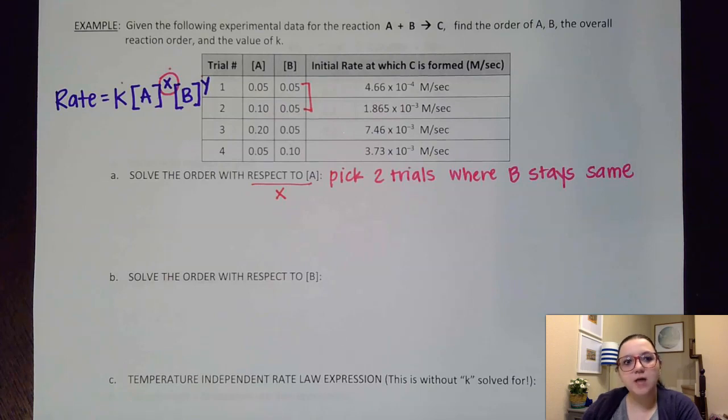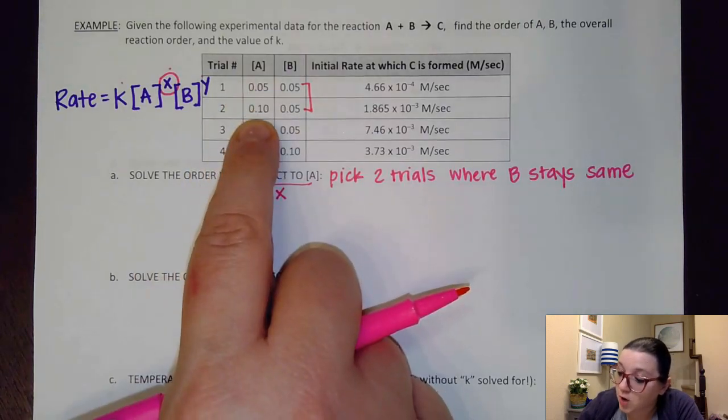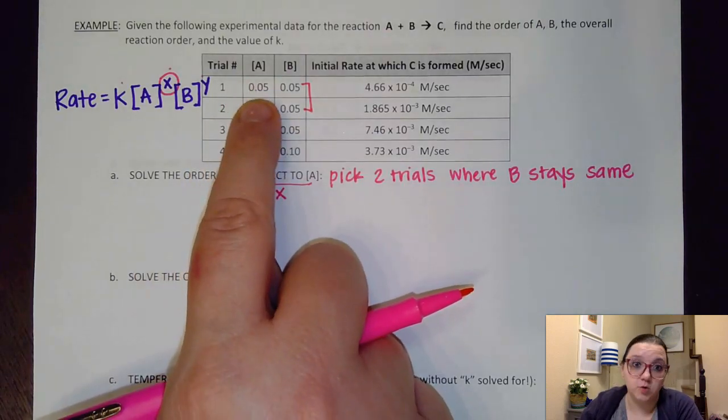And what I'm going to do is set a ratio of 1 trial over another. Now, when I do this, I'm typically pretty strategic. I usually put the trial with the bigger numbers on top. If you notice, trial 2 has a bigger number than trial 1.